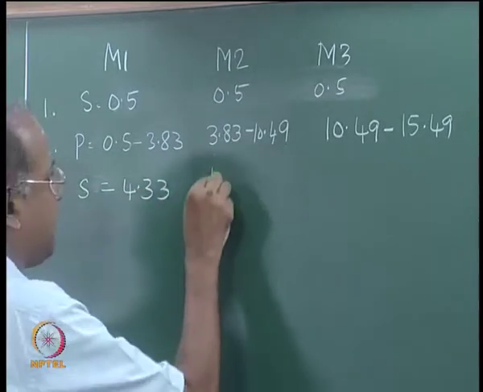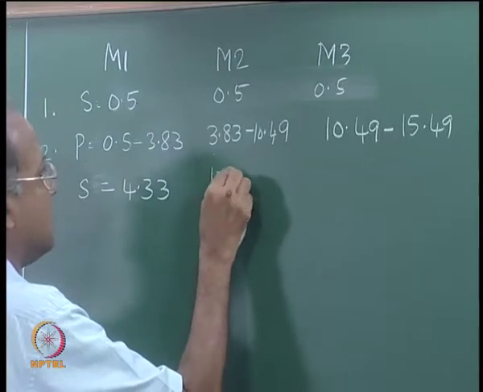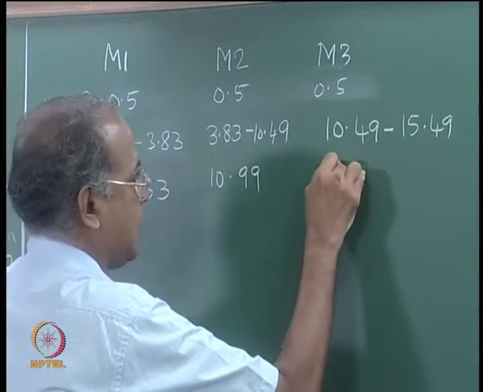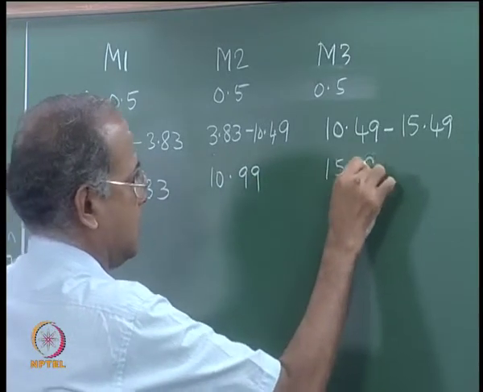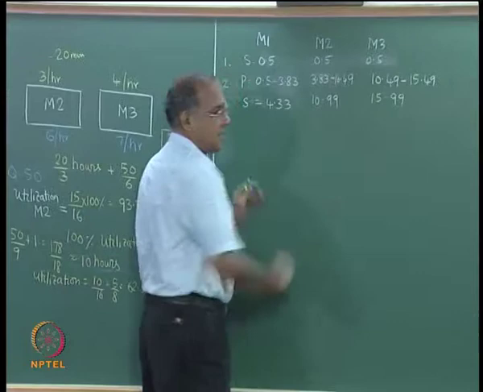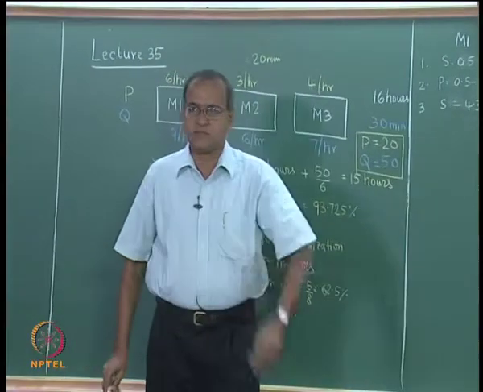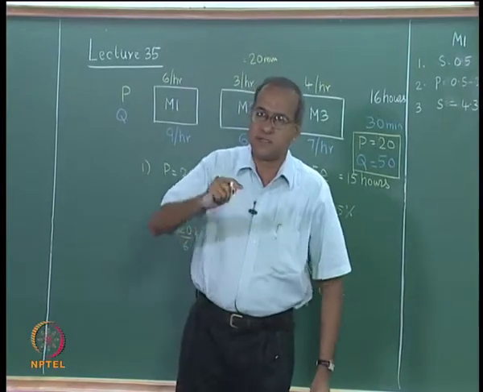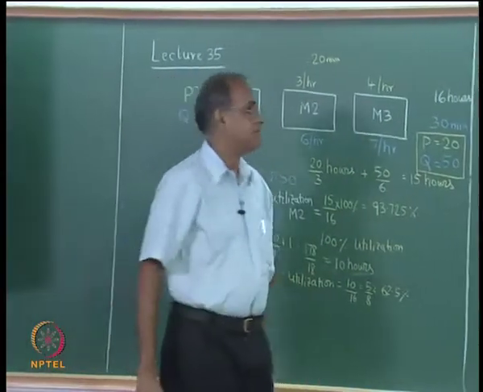This will become 10.49 plus 0.5, 10.99, and this will become 15.49 to 15.99. Actually, this is 11 and this is 16 due to rounding off errors, because 2 by 3 is taken as 0.66 and not 0.666 recurring.